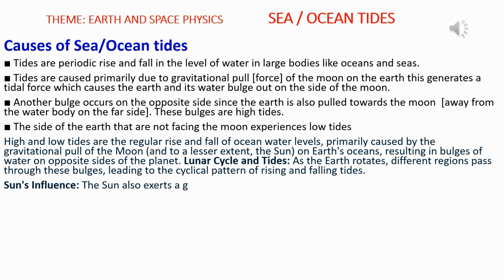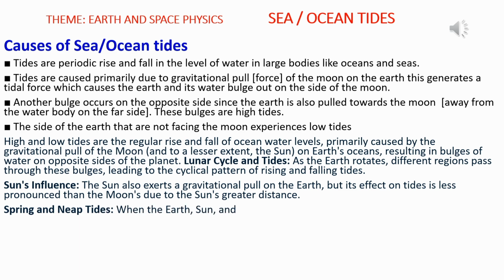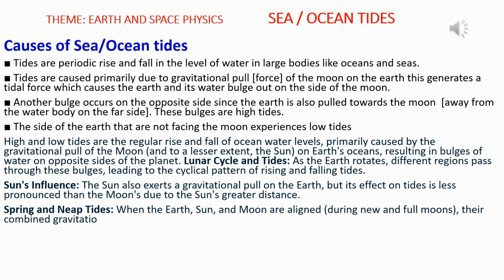So we have the spring and the neap tides. When the earth, sun, and moon are in a straight line, or aligned, during new and full moons, their combined gravitational pull creates spring tides with the largest tidal range. Tidal range refers to the difference between high and low tide.